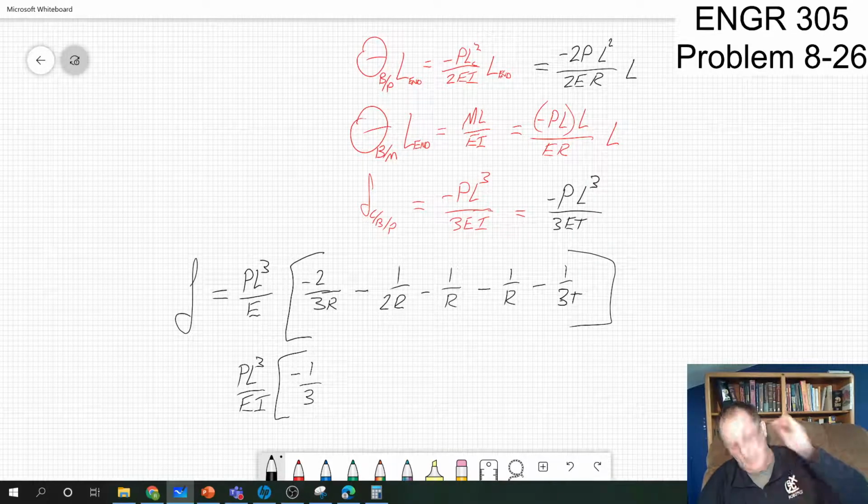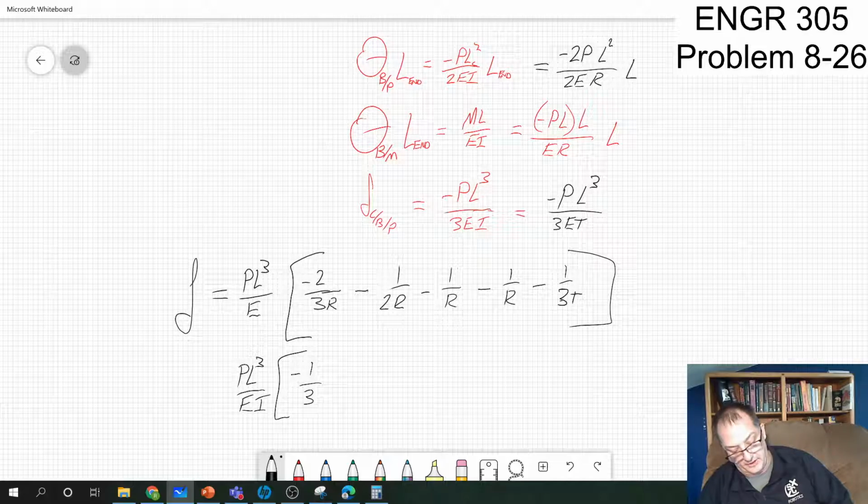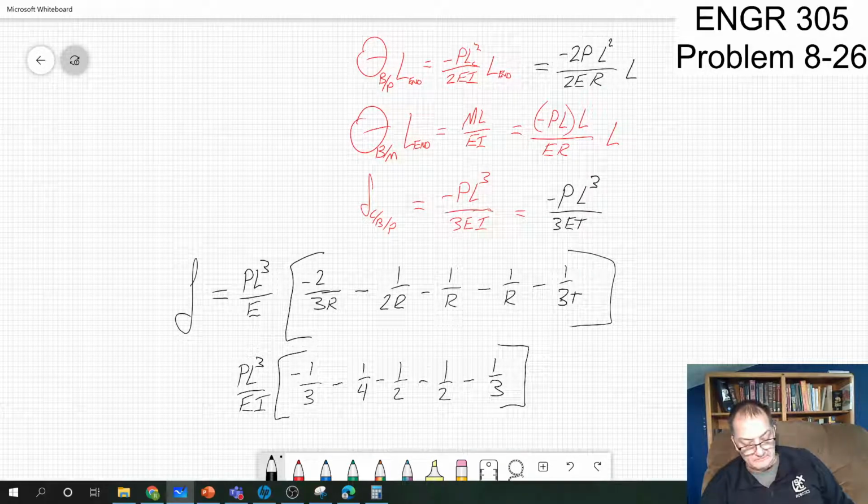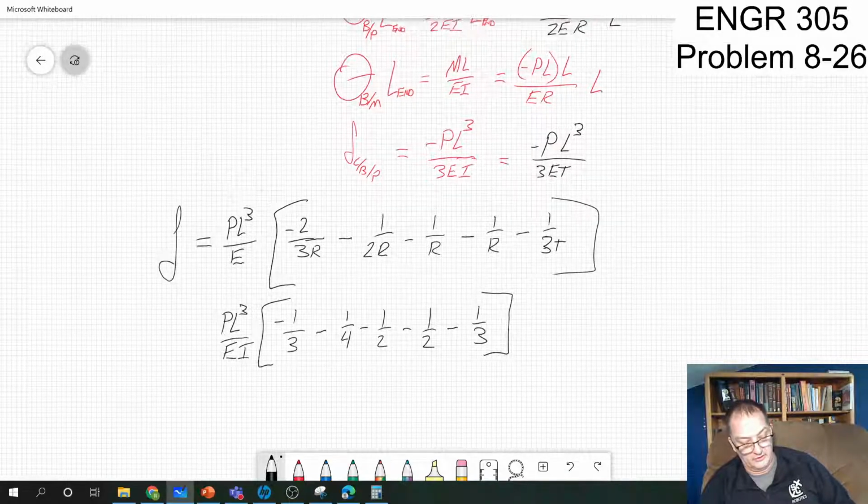R becomes 2I, so everything gets divided in half, so it's minus 1/3, minus 1/4, minus 1/2, minus 1/2, minus 1/3, because that I is just equal to I. So I guess I have to go to twelfths.